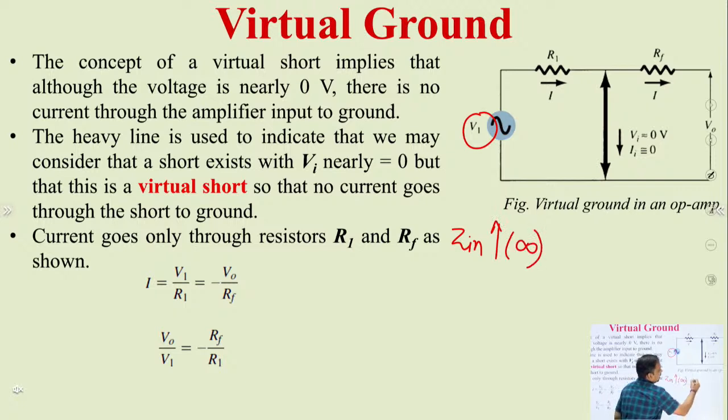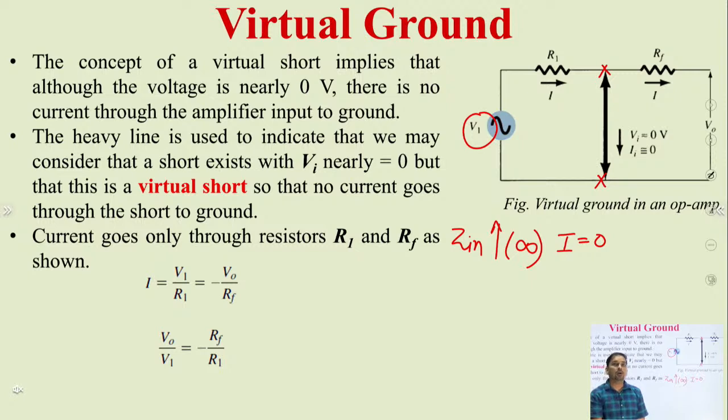Then we can say that no current enters the input terminals of the op amp. So if no current enters, it appears that both the potentials are the same. If these two potentials are the same, then the flow of current will again be 0.